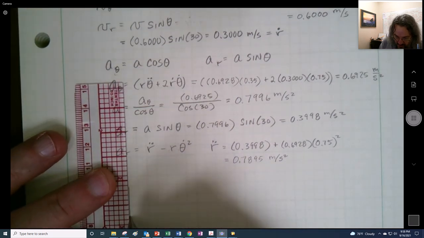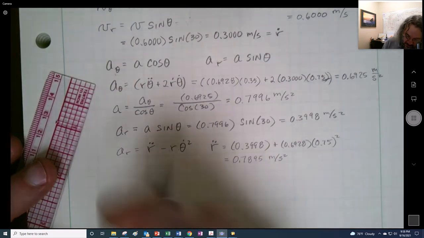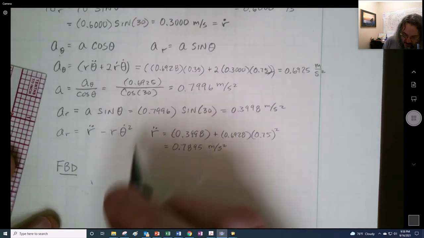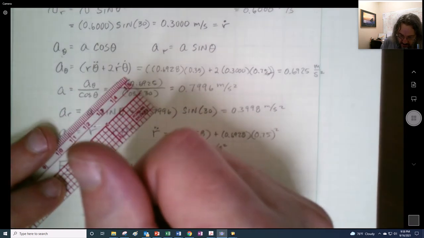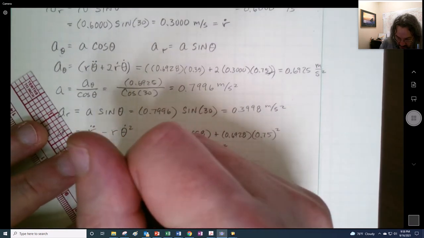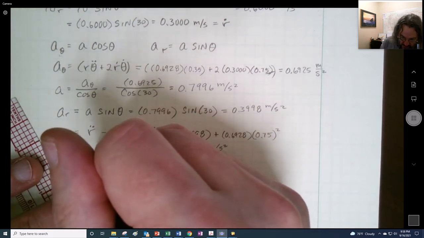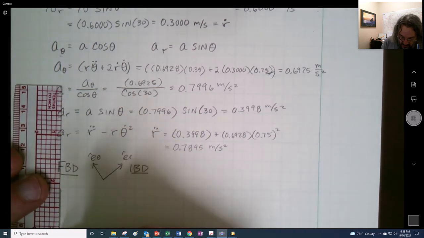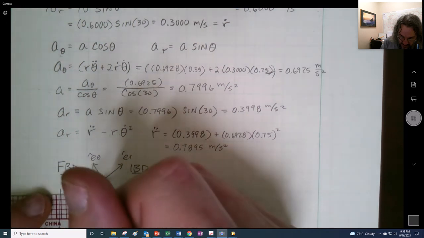So we just draw, well, let me make some room down here, and let me do the kinetics. FBD, IBD, and we can go, there is going to be my ER, and here's my E theta, and we're going to draw a little block just to represent something there.